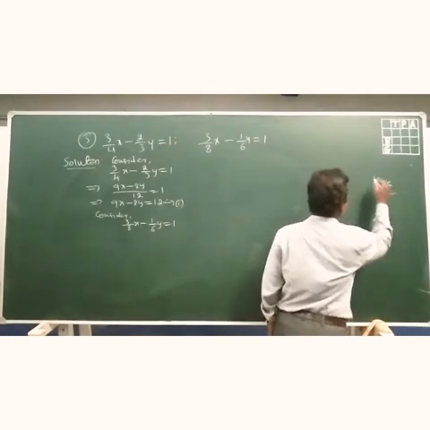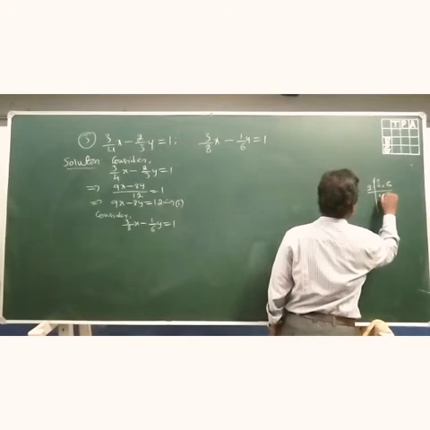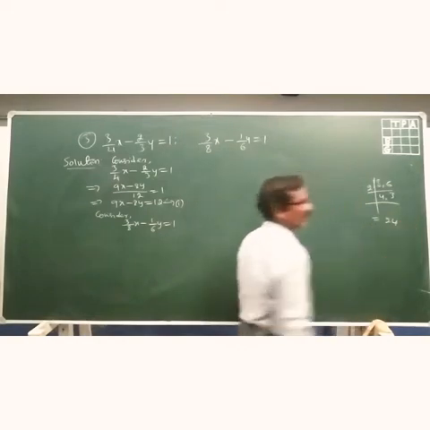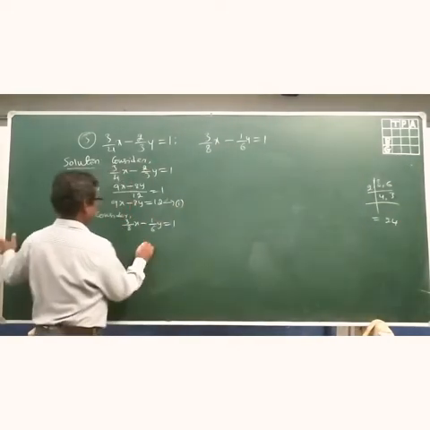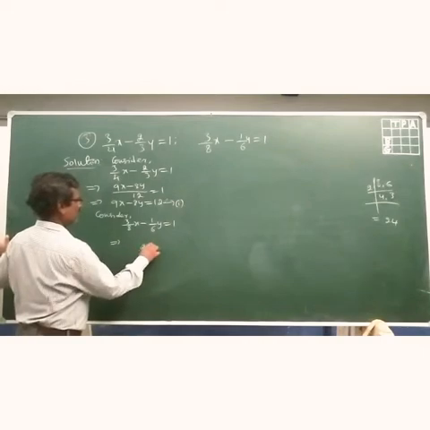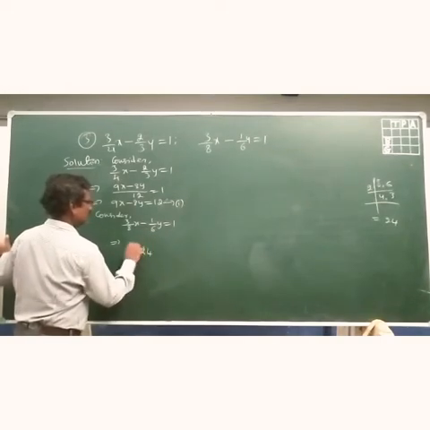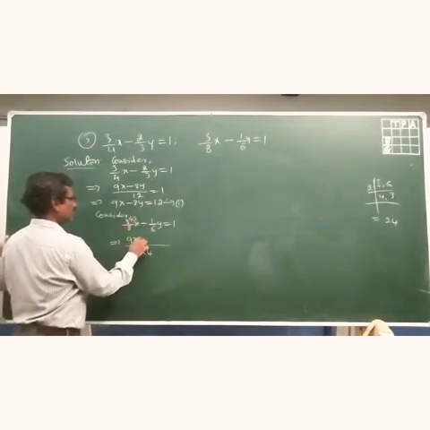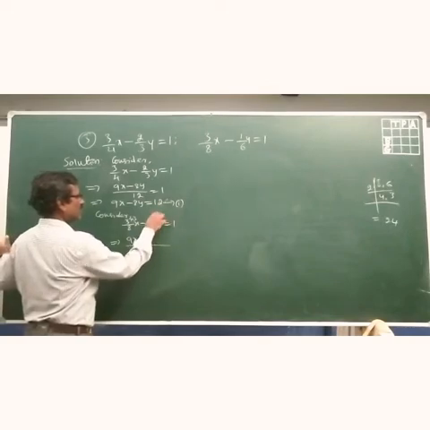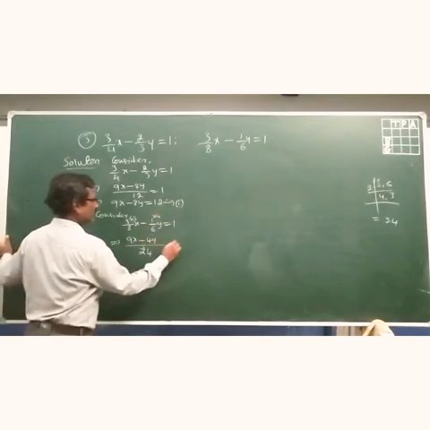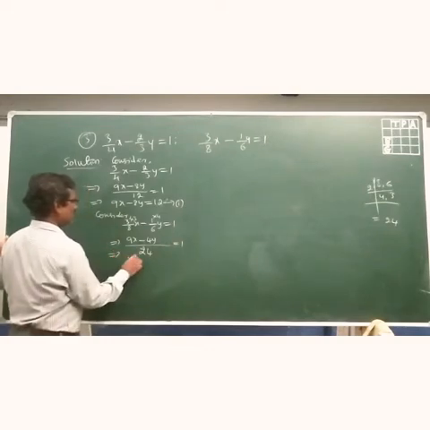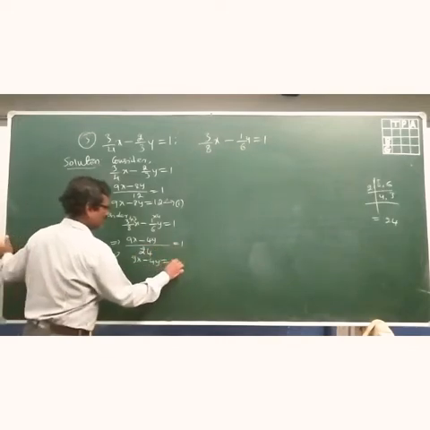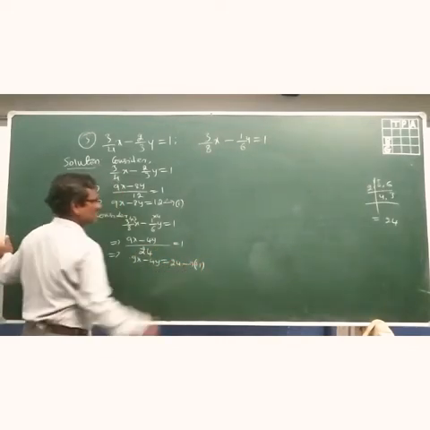The LCM of 8 and 6 is 24. Now 8 3s are 24, then 3 3s are 9x, 6 4s are 24, so 4y is equal to 1. So this is 9x minus 4y is equal to, again by cross multiplication, 24. Call this equation 2.